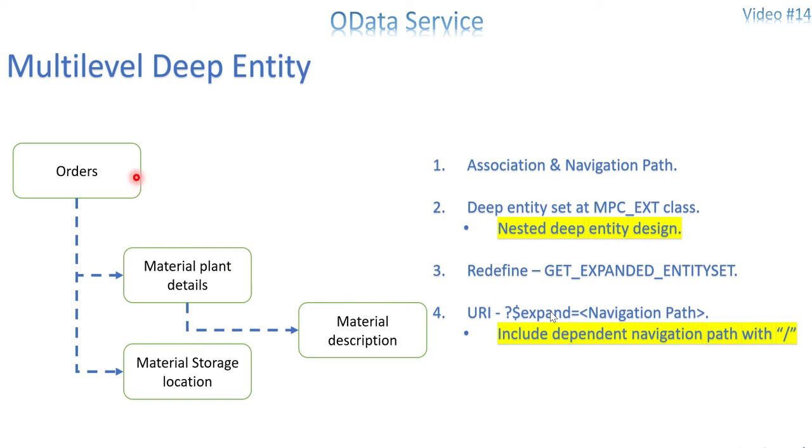So if you want data from the entity as well as the deep entity, you say expand equal to navigation path. And additionally, I want the dependent entity data as well. So you have to use material plant expand equal to the navigation property of material plant slash the navigation property of material description. Okay, so that way you have to use it.